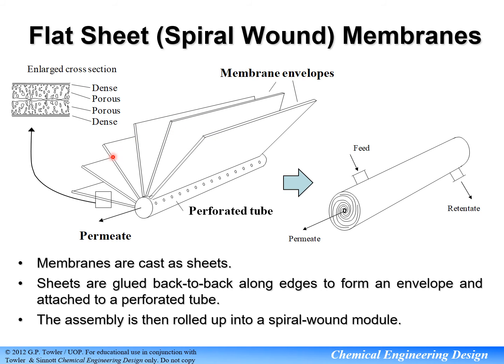We can see the shape of the envelope here, attached to the perforated tube. The assembly is then rolled up into a spiral wound module. The feed goes in here and flows inside the membranes. The part that can pass through will permeate here, and the part that cannot pass through will be the retentate here.